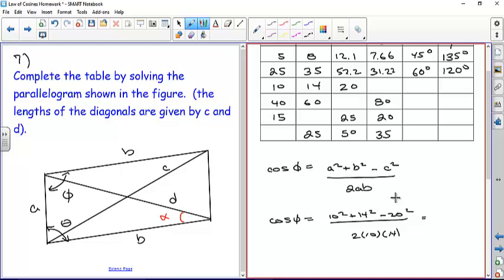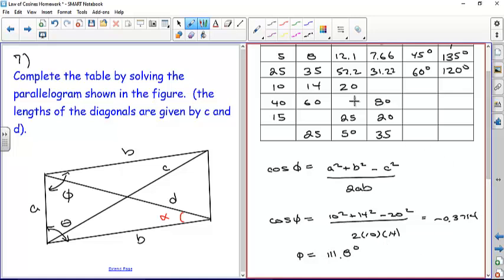And so we get negative 0.3714. And we can take the inverse cosine of that, and we get 111.8 degrees. So that's phi.